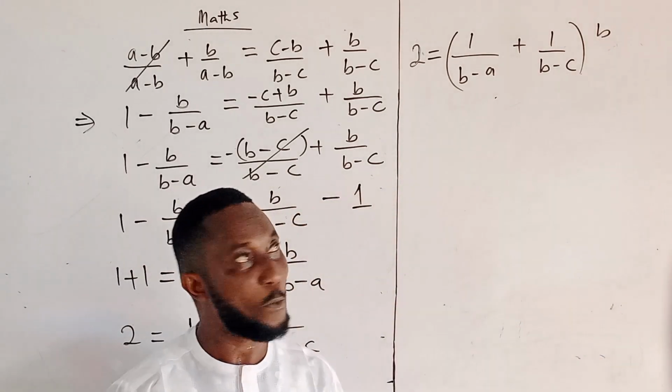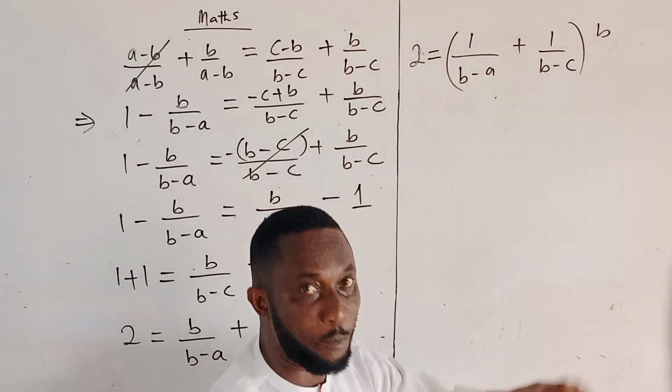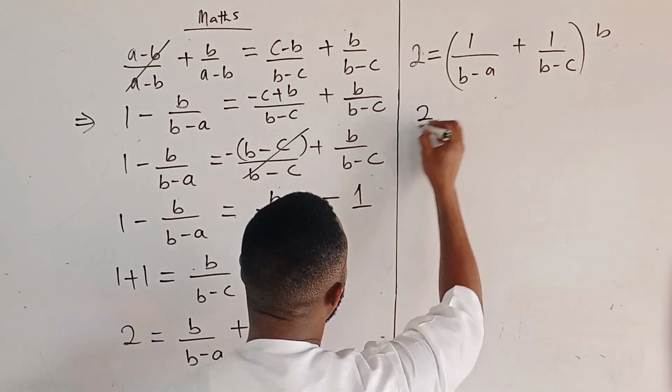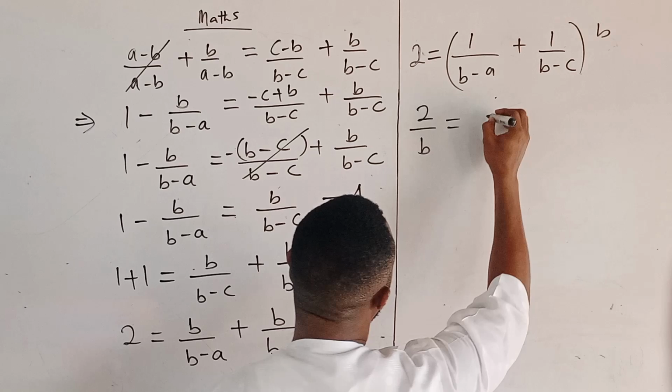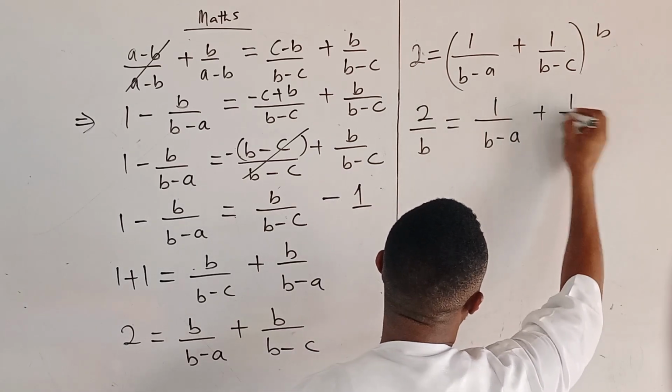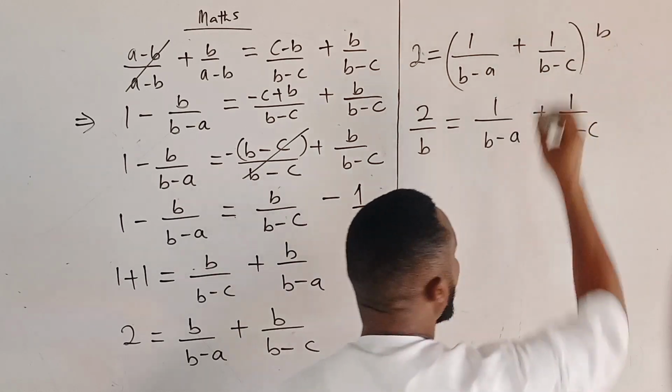This is interesting. And if I multiply both sides by the inverse of B, I'm going to be having 2 upon B equal to 1 upon B minus A plus 1 upon B minus C. Then the B will cancel out.